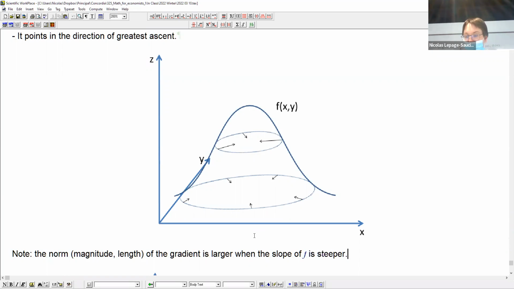And also note here what is the value of the gradient.